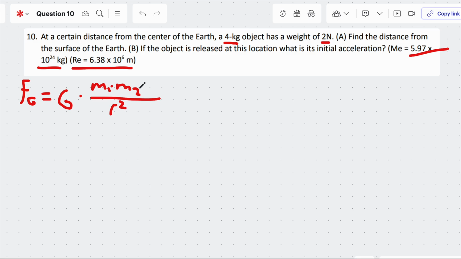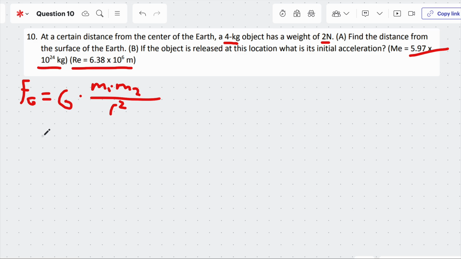We are trying to find its distance from the surface of the Earth, which is included in the radius. So we're just going to solve for radius first, and then we'll figure out the distance. I think that's a little simpler.